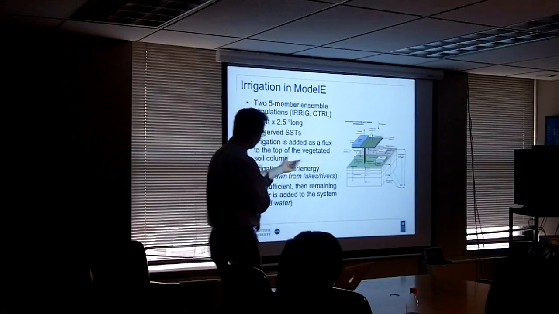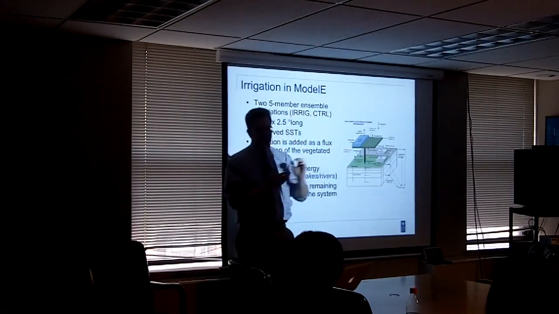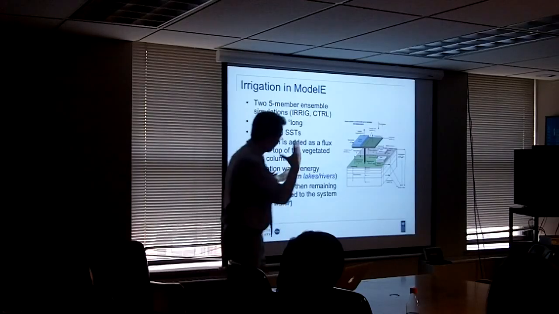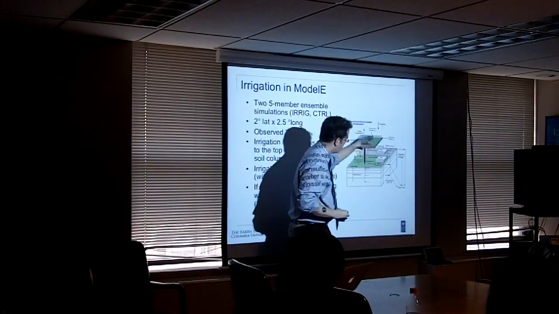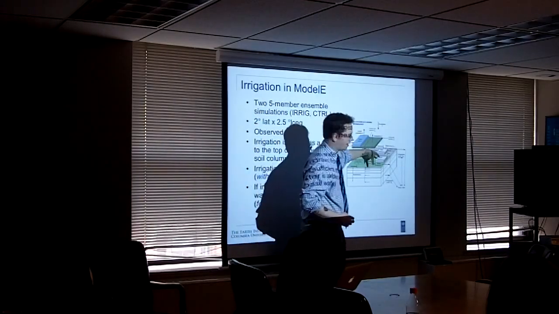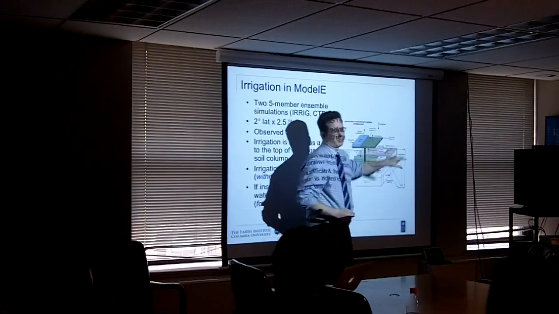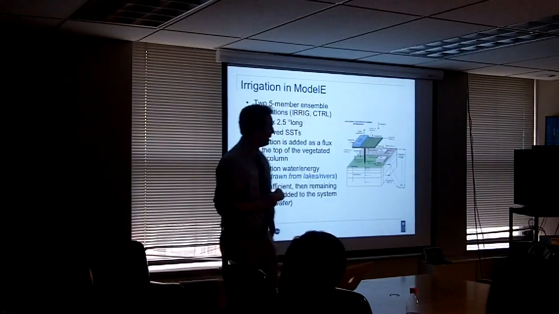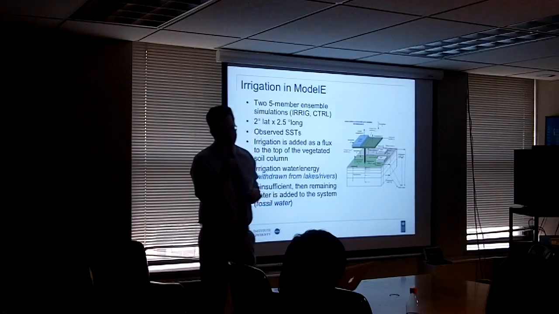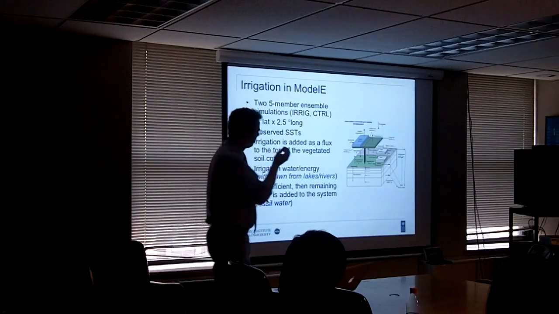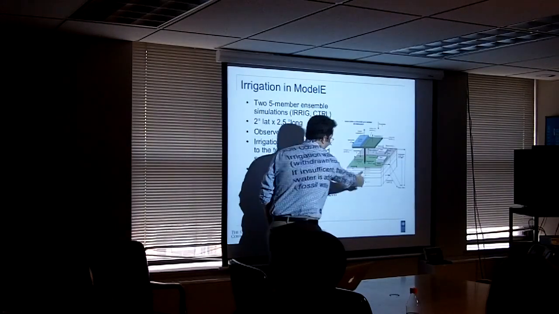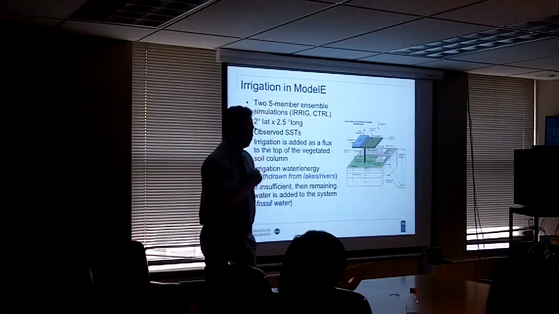So this is the GISS ModelE land surface model. It's a little too small to read, but basically we have the vegetated fraction of your grid cell and the bare soil. And then we keep track of the flow of water within the vegetated soil column and the bare soil column.